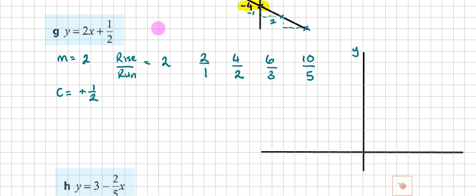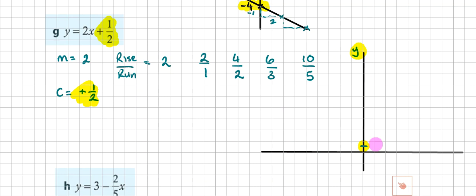So the plus 1/2 is where it crosses the y-axis. So my first point is at 1/2. Now that's going to make it challenging.